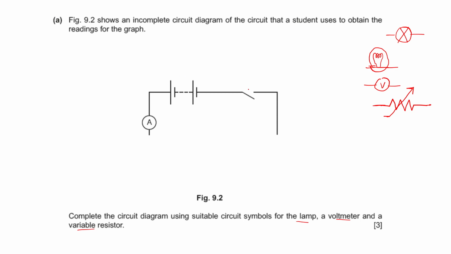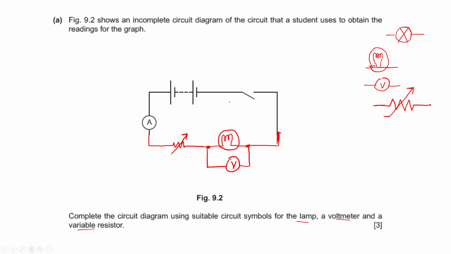So this is our battery, this is our switch, and we have a variable resistor here. Then we have our lamp, and connect the circuit together. If we are measuring voltage across the filament, we have to use the voltmeter in parallel across the lamp.